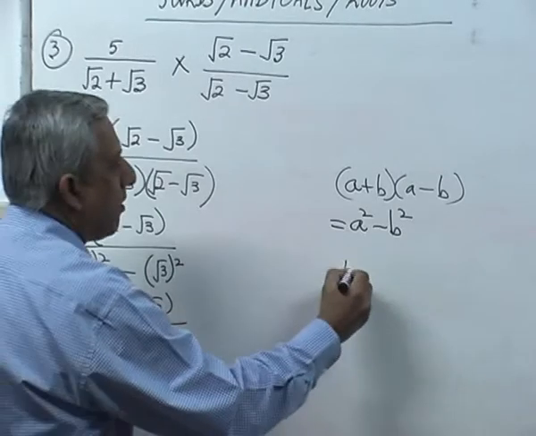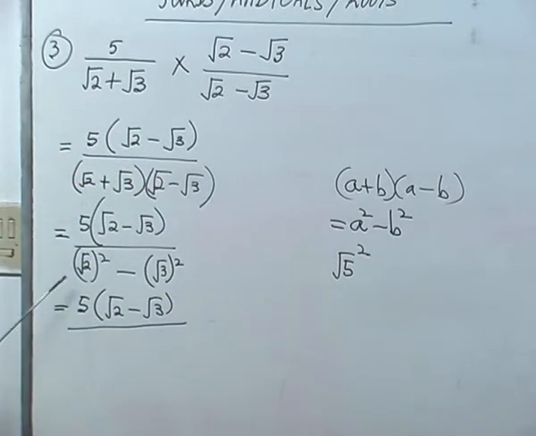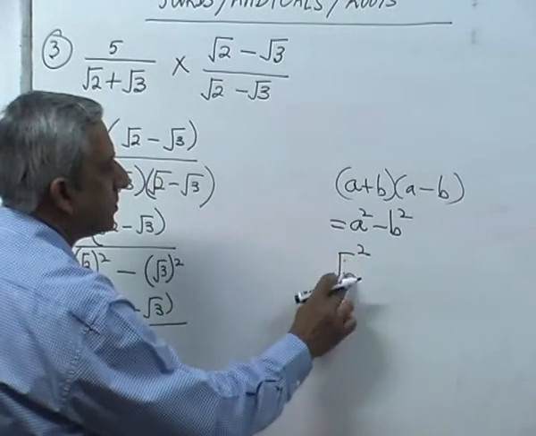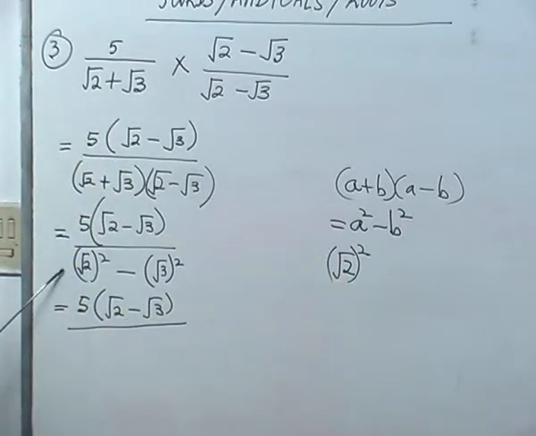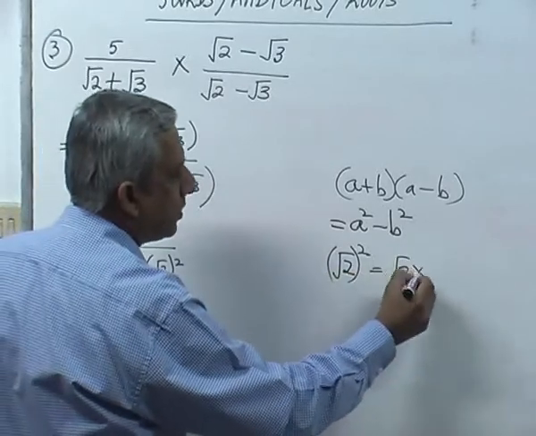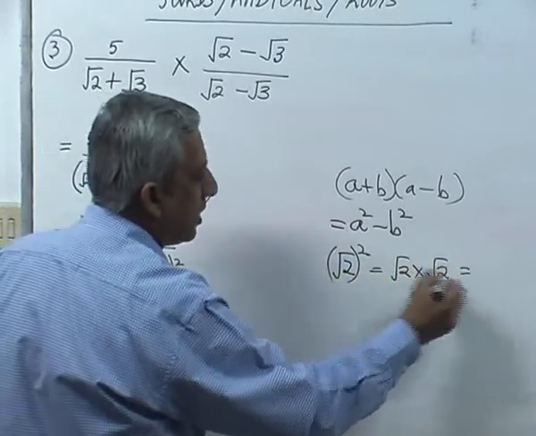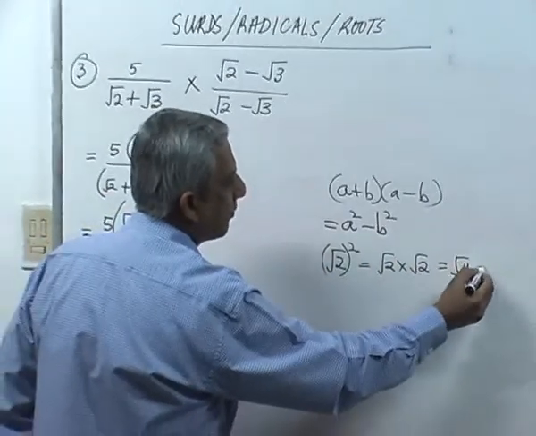Now, square root of 2 squared, this one. Square root of 2 squared means square root of 2 times square root of 2. Square root of 2 times square root of 2 really means square root of 4.